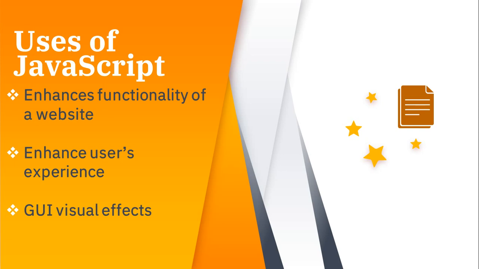A lot of the uses of JavaScript are also related to animations and GUI visual effects. GUI means graphical user interface. You can make the experience of the website as a whole smoother.